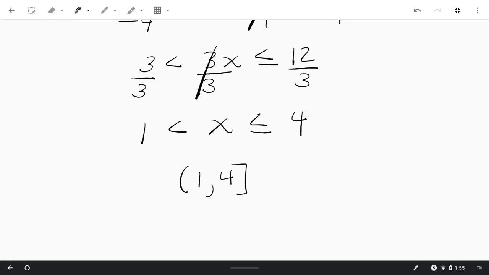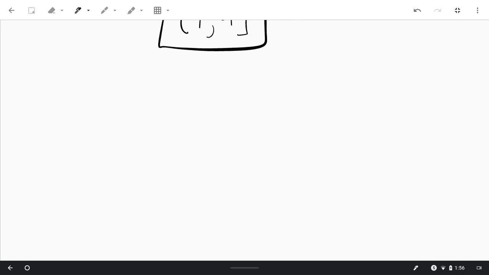All right, so that's linear inequalities. Let's take a look at nonlinear inequalities like quadratic and rational inequalities. That's going to be the main focus of this lecture.